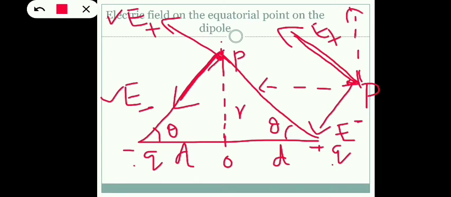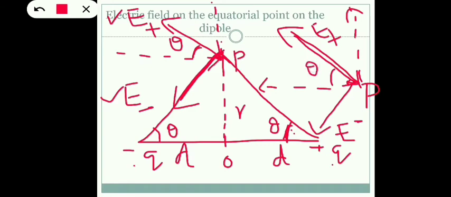Now, this angle is theta. So here we have resolved this E plus into two perpendicular components like this. Due to the geometry of the figure, this angle also will be theta.